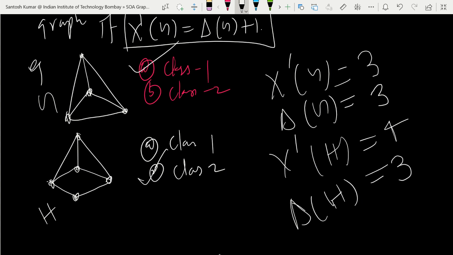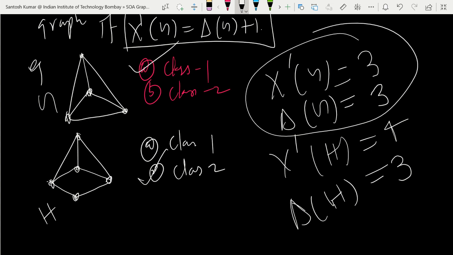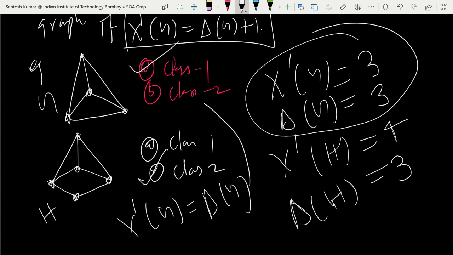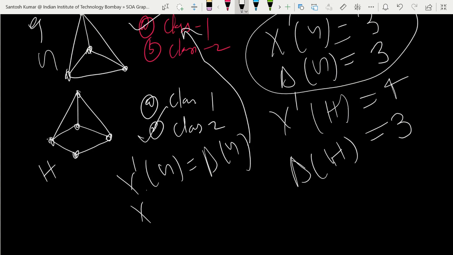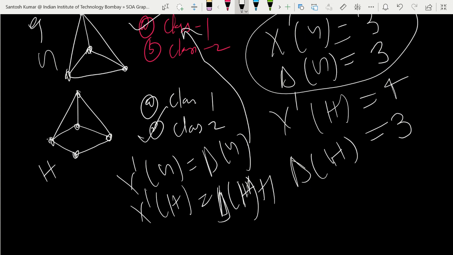So you see that chi dash G is equal to delta G, that's why class 1. And chi dash H is equal to delta H plus 1. That's why it is class 2.